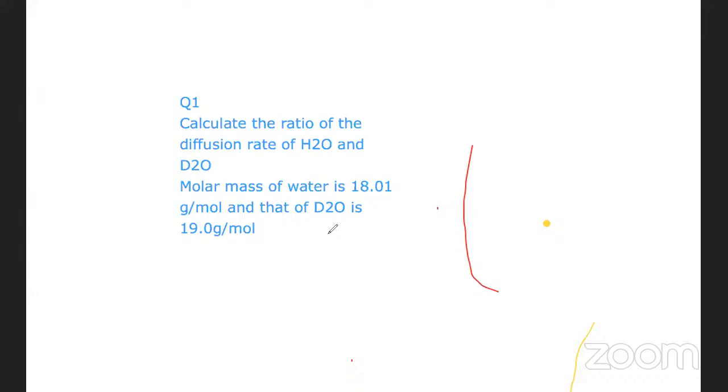What aspect of gas law is that? It's Graham's law of diffusion. Graham's law of diffusion. Thank you. Okay, he's right. It's Graham's law of diffusion.